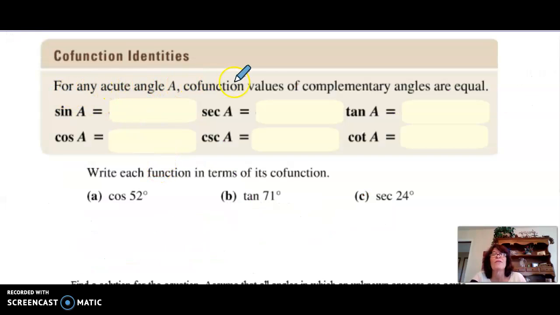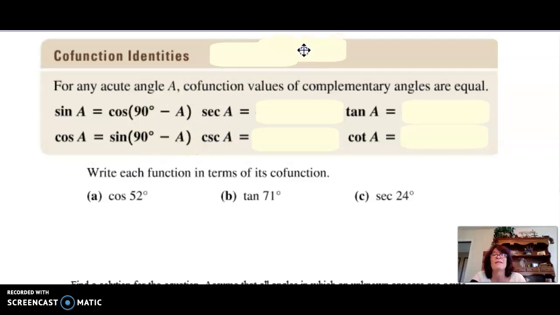Any acute angle, the cofunction values of complementary angles are equal. So the sine of A is the same as the cosine of 90 minus A. We saw why on the other page. The cosine is the same as the sine of 90 minus A. Sine and cosine are cofunctions.